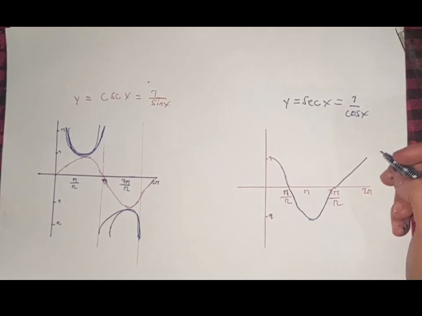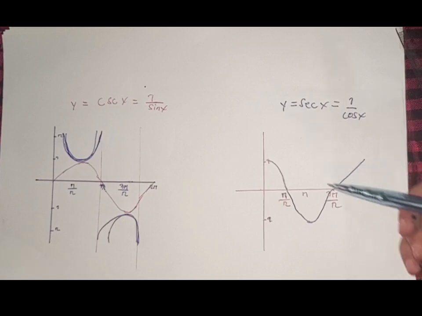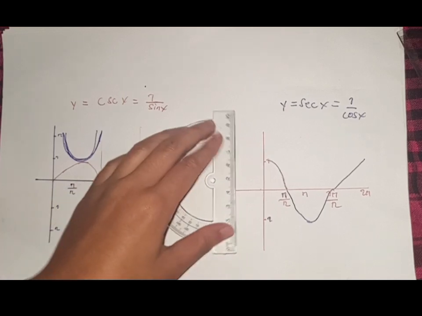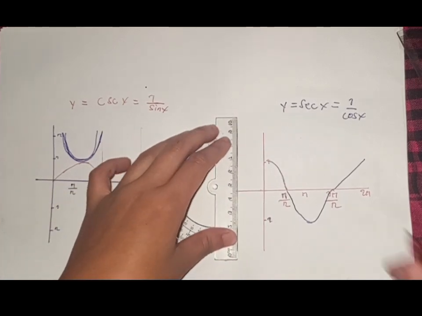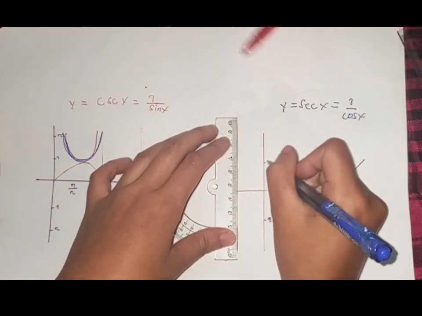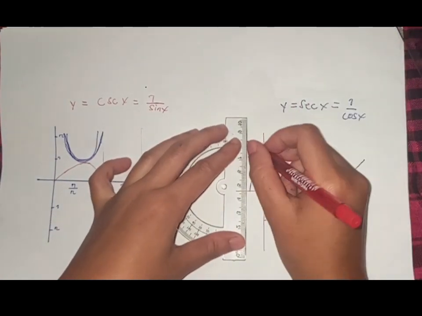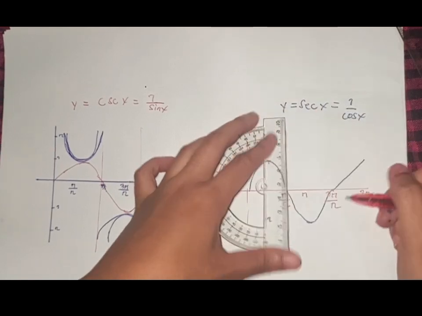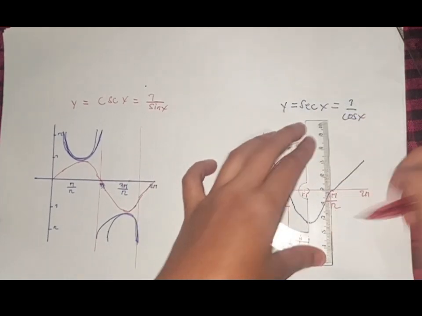Now we can draw an asymptote whenever the cos of x is zero, so we can draw an asymptote here and here.